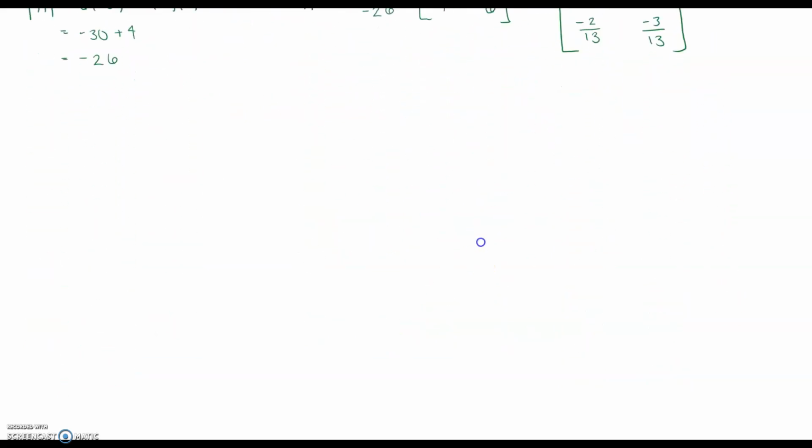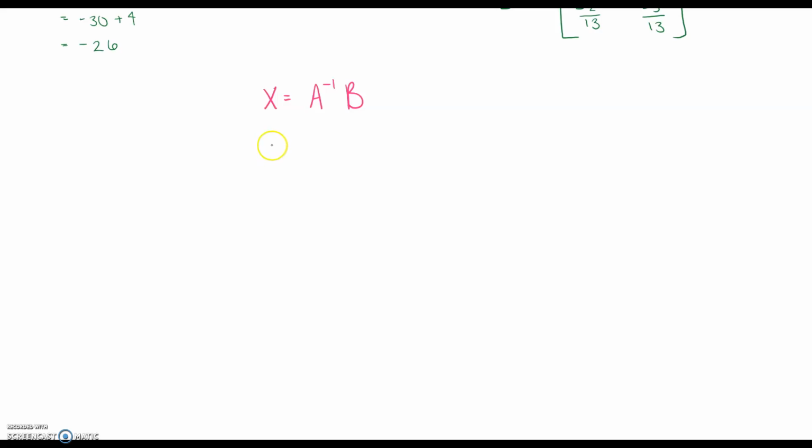So you're going to have X equals the inverse of A times B, and the inverse needs to be on the left.